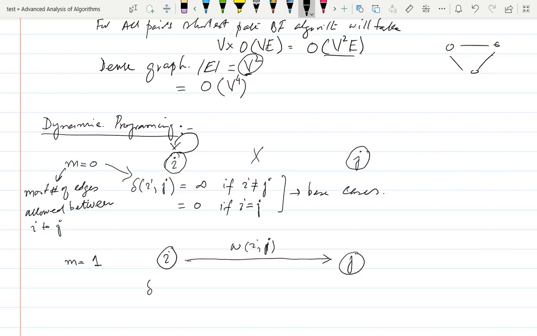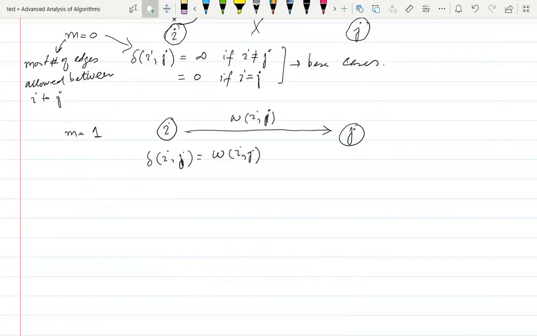So in this case I can say delta ij is equal to wij. This is the best case when m is equal to 1. When we allow one more edge, that means m is equal to 2.